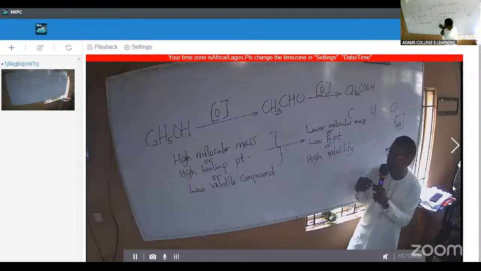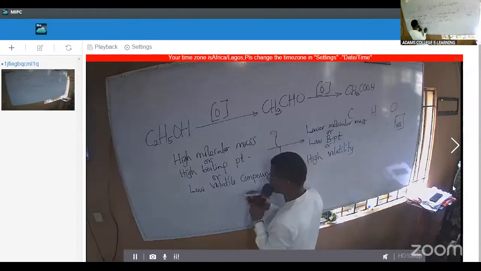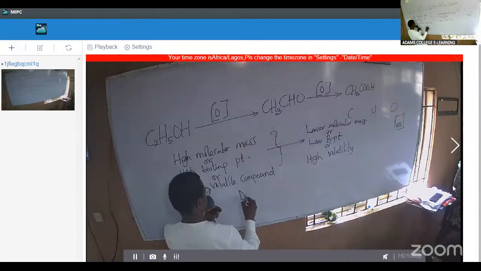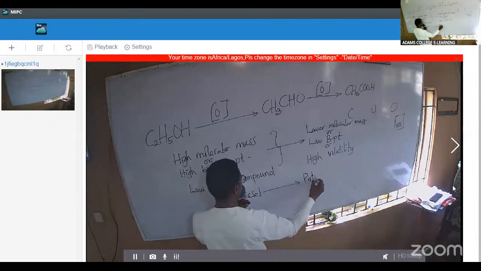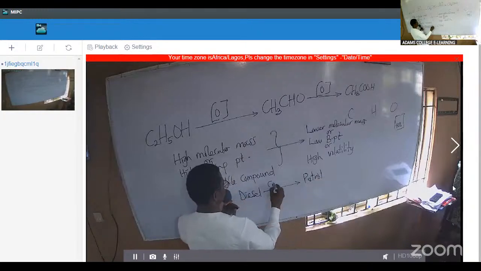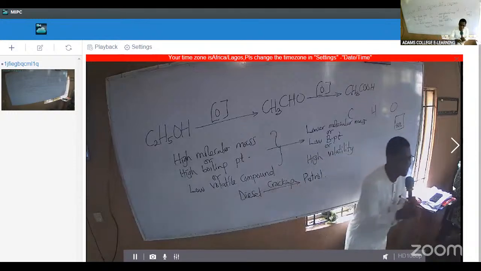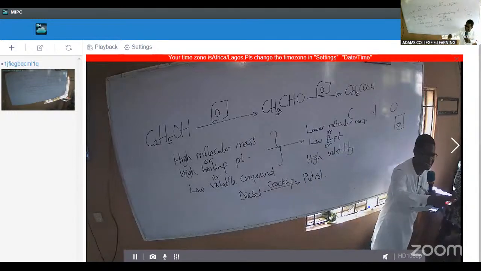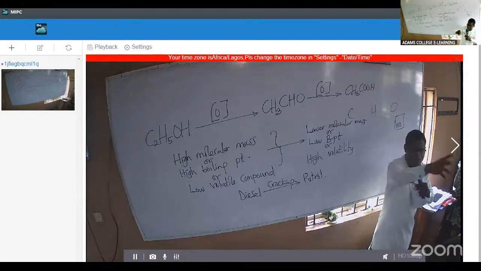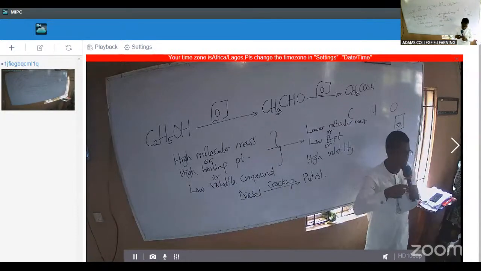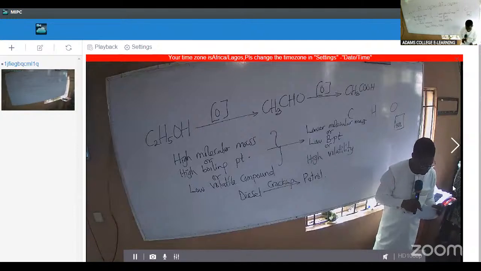For example, diesel to petrol, kerosene to petrol. This is cracking. But when you have smaller components of petroleum material, and you rearrange them, put them together, that's called reforming.